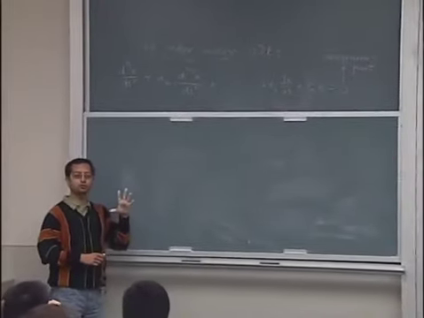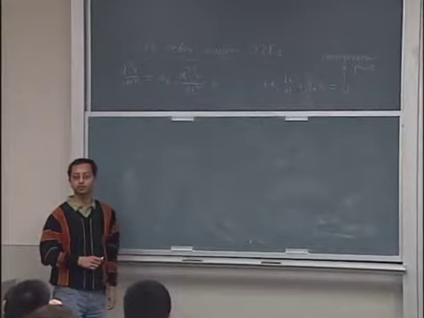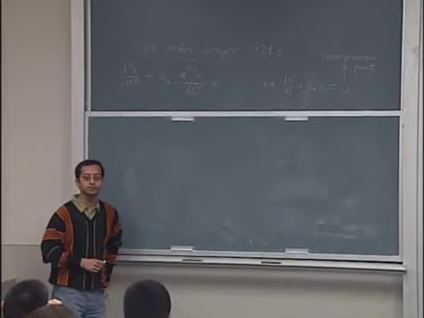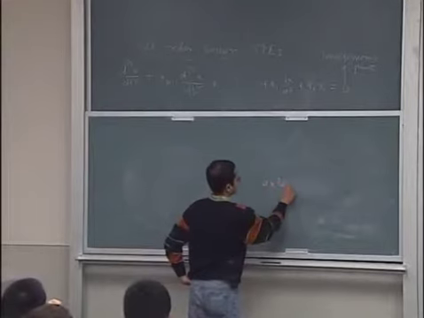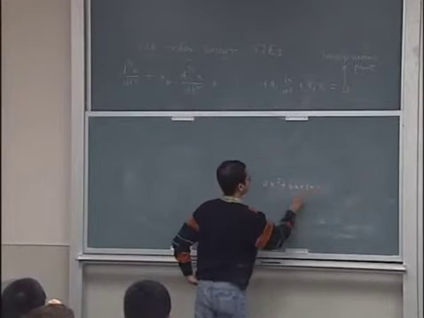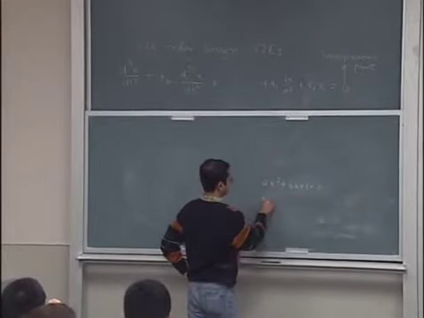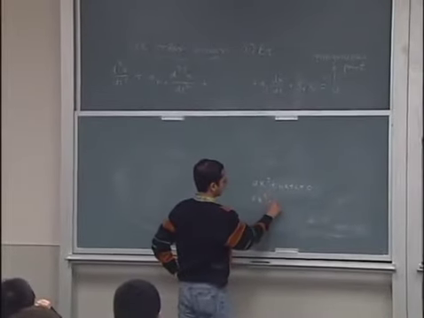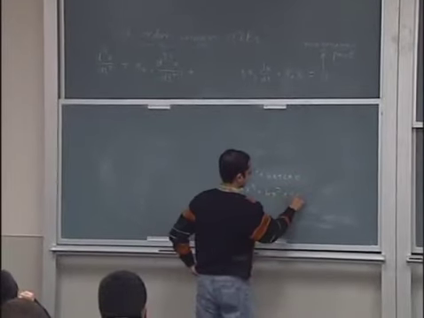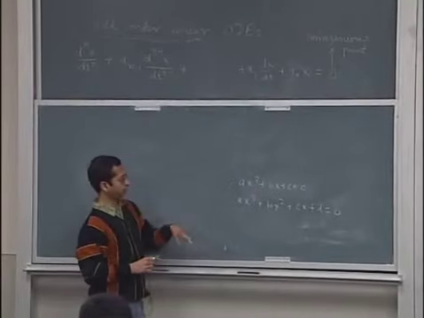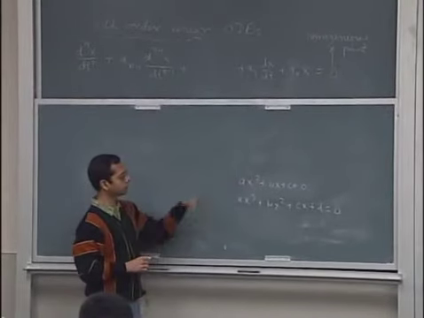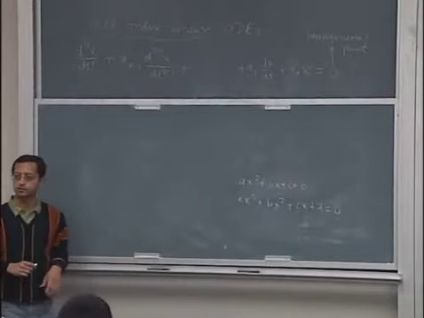But do you know how to solve polynomial equations? For example, ax squared plus bx plus c equals 0, or ax cubed plus bx squared plus cx plus d equals 0. This is the second order polynomial equation, and this is the third order polynomial equation. So you know how to solve such algebraic equations.